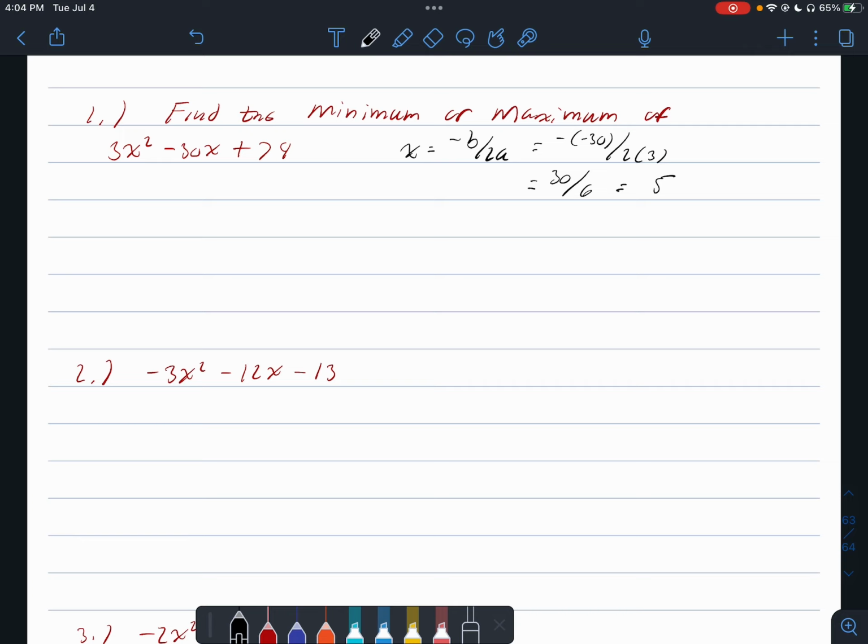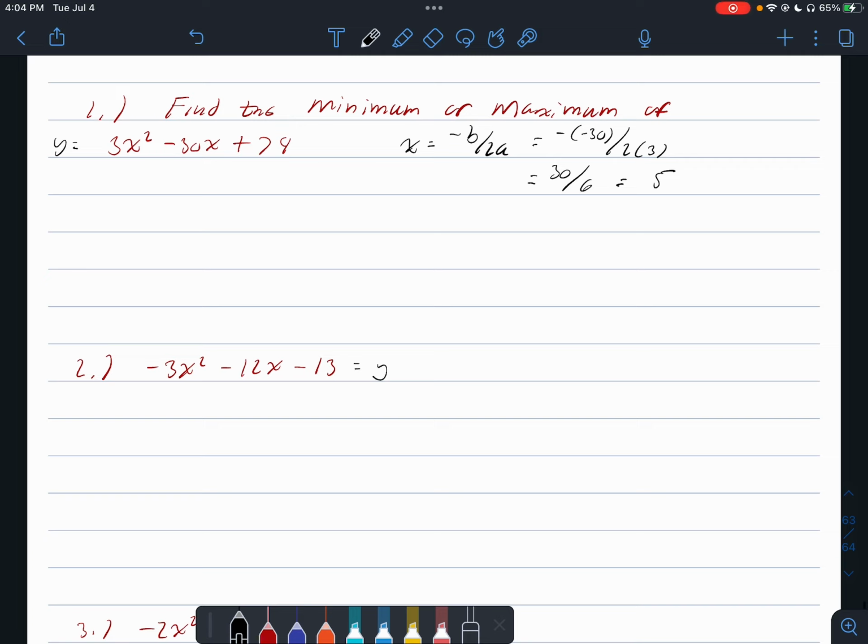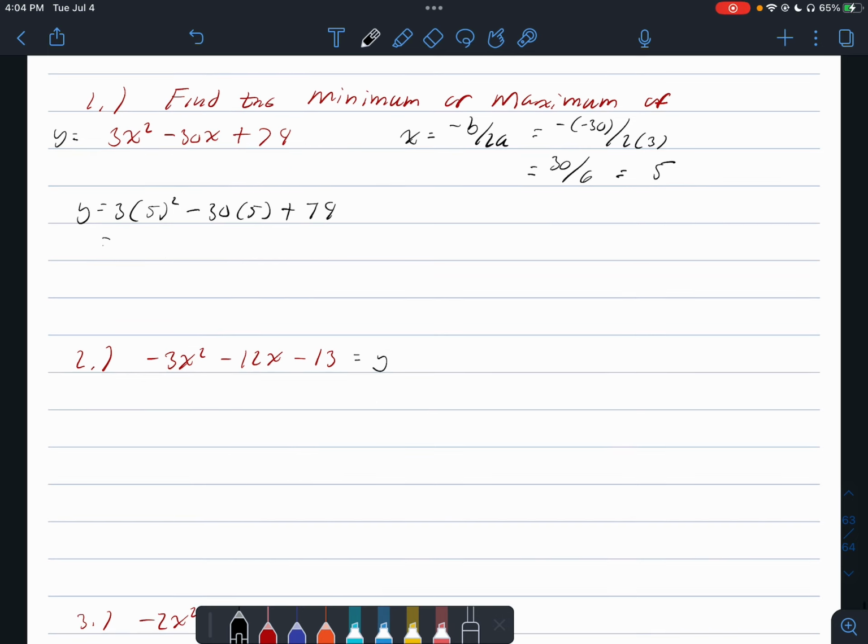To find the y component, y is equal to 3 times 5 squared minus 30 times 5 plus 79. So we'll have 3 times 25 minus 30 times 5, that'll be 150, plus 79.